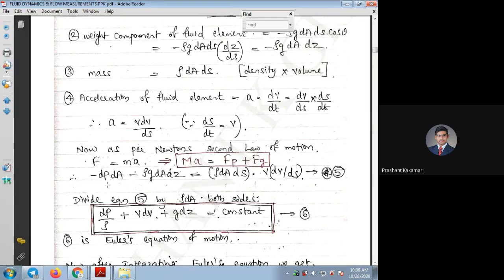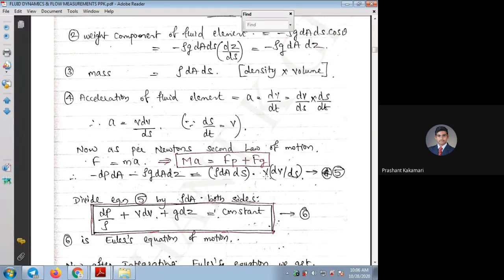As it is divided by rho dA, in the first term dA gets cancelled, and we are left with minus dP by rho. That is written here. The next term is minus rho g dA dz. Once we divide by rho into dA, just a minute. Here rho g dA dz and rho dA dz, they have considered as a sum here after taking common terms.